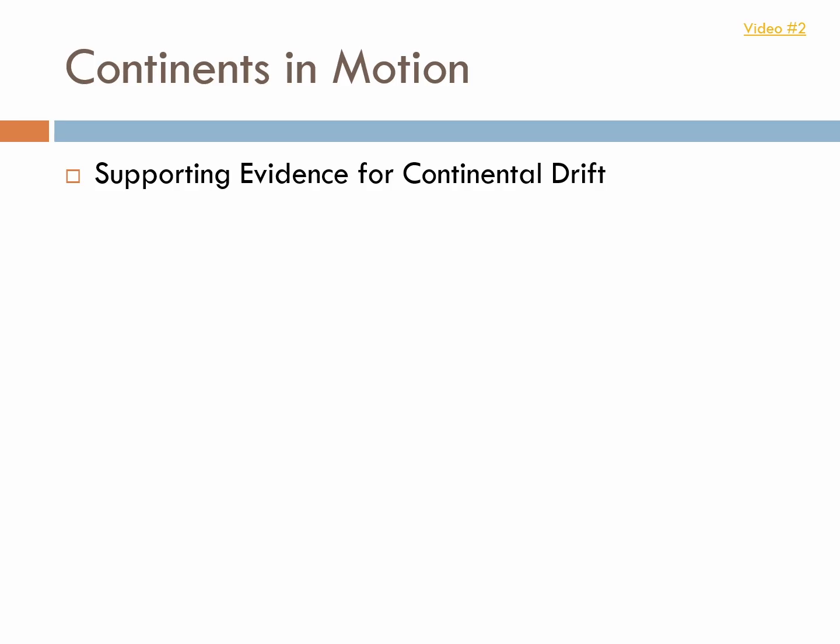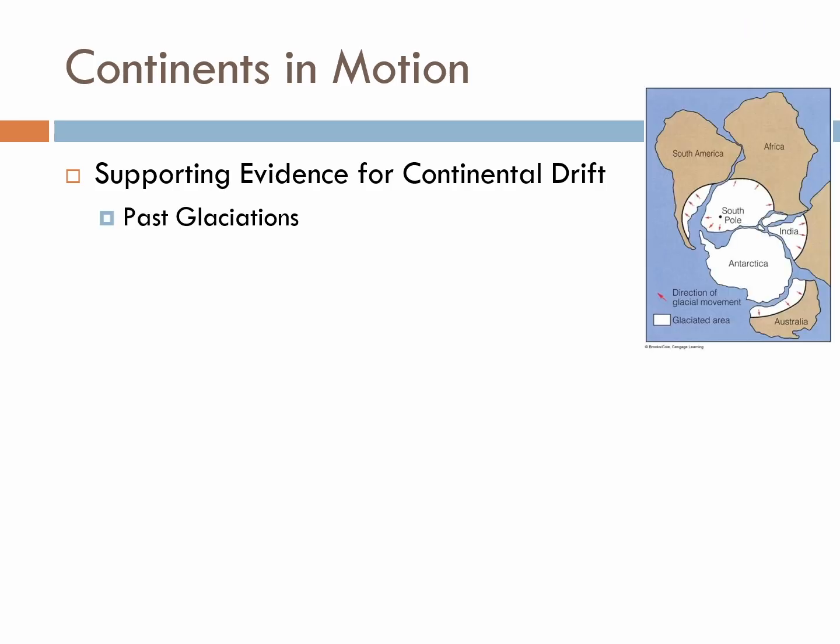Some of the supporting evidence that Wegener found for continental drift included evidence of glaciations. Once again, in places separated by oceans, but also in locations that we know today have only a tiny bit of snow and ice and no present-day glaciers. Evidence of glaciation was found in southern South America, southern Africa, southern India, and what is now the modern southern coast of Australia.